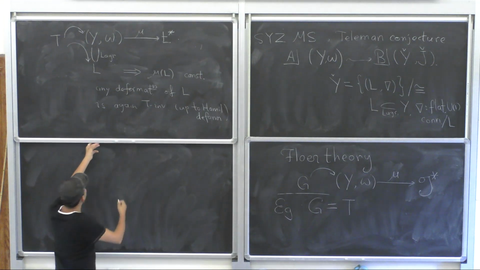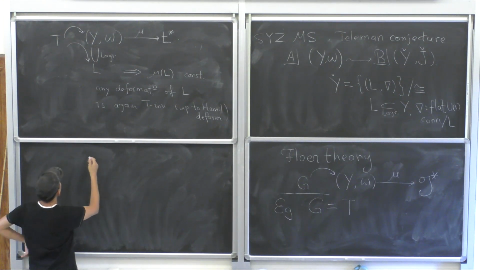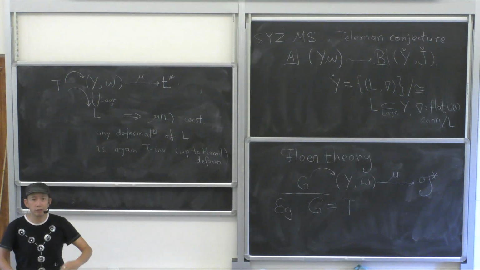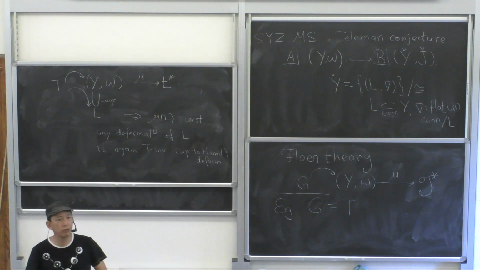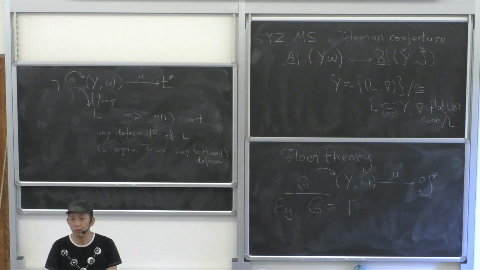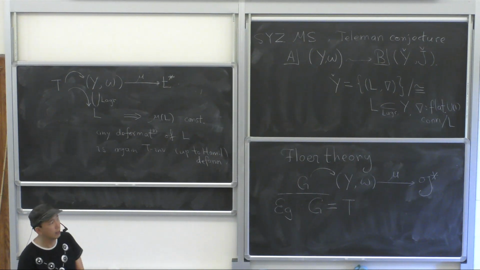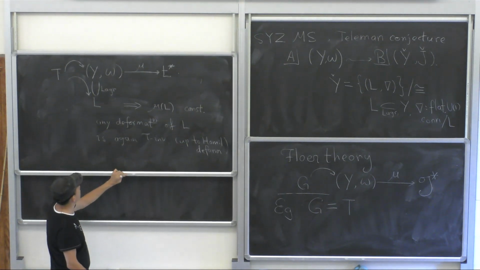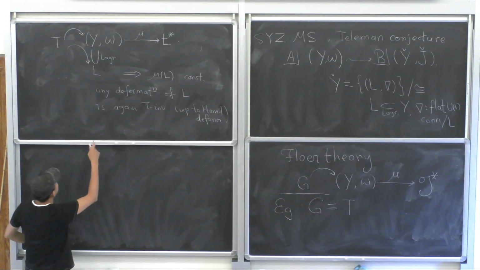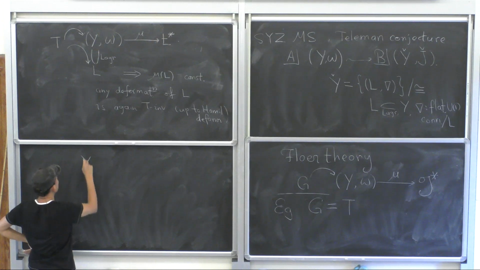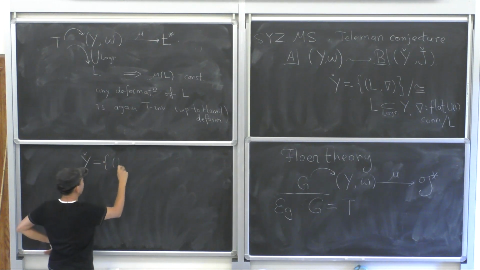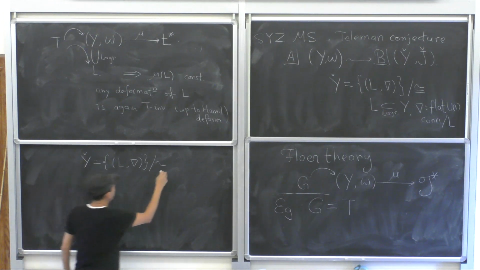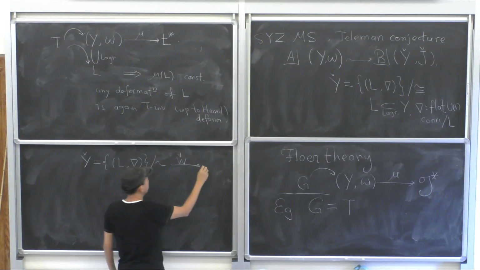So in general, because Y typically is not Calabi-Yau. Because if it is Calabi-Yau, you really cannot have any continuous group actions. Well, non-compact you can. So in general, if it's not Calabi-Yau, or even in the Calabi-Yau non-compact case, besides this space Y check, which is all these Lagrangians with flat connections, it will also come with a superpotential function.